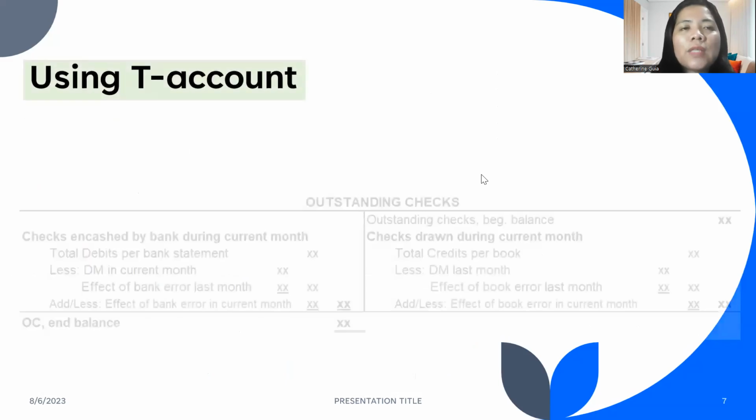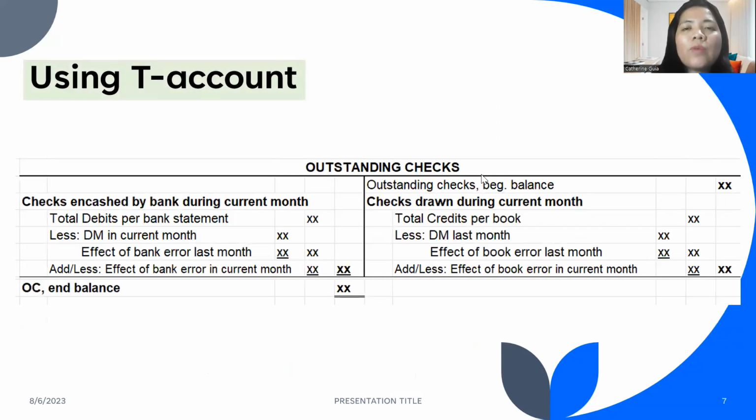If you're going to use the T account, very similar with the T account of our deposit in transit, we will exclude all items which are not related to checks drawn by the entity.